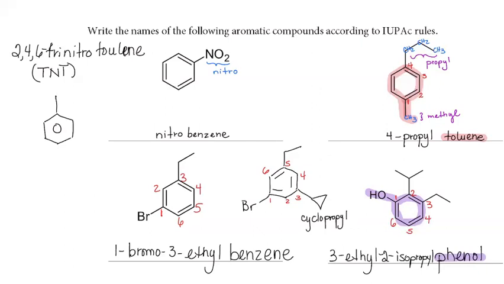The carbon atom that is holding the methyl is carbon 1. Then we go 2, 3, 4, 5, 6. On position 2, we have an NO2. On position 4, we have another NO2. Position 6, we have another NO2.